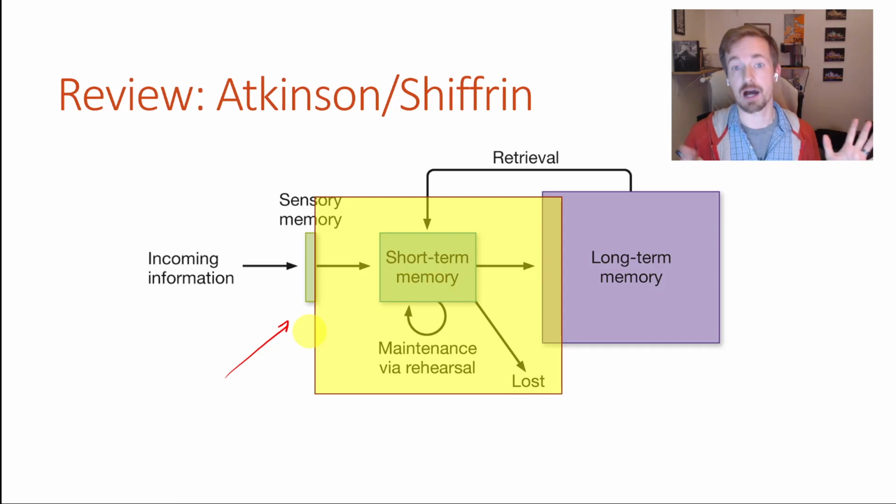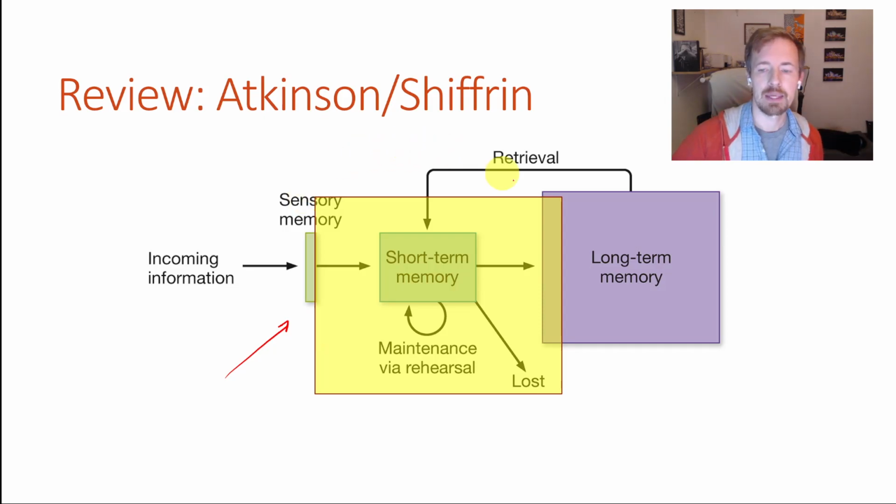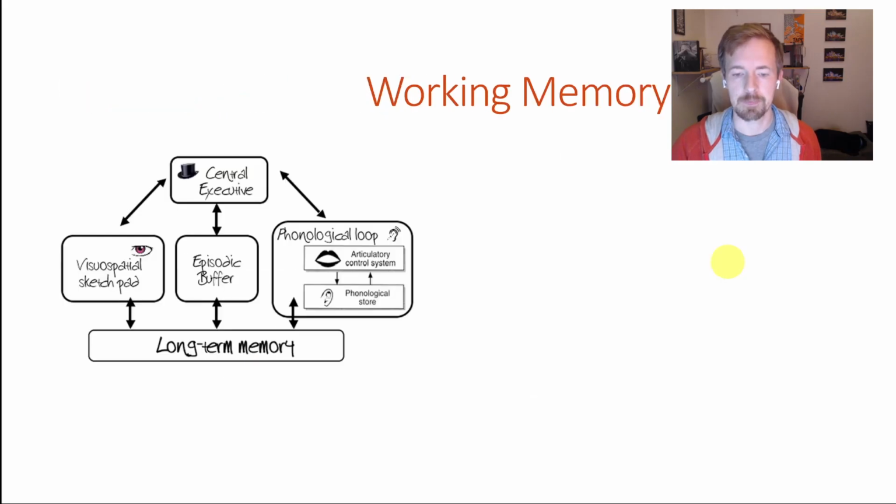We talked about iconic and echoic memory, or visual and auditory sensory memory, and we also talked about long-term memory, how we retrieve items from the deep storage areas of our brain. We did talk a fair amount about short-term memory, but now we're going to look at it more specifically, because the last 2 units we spent a lot of time talking about long-term memory. Let's take a different look now.